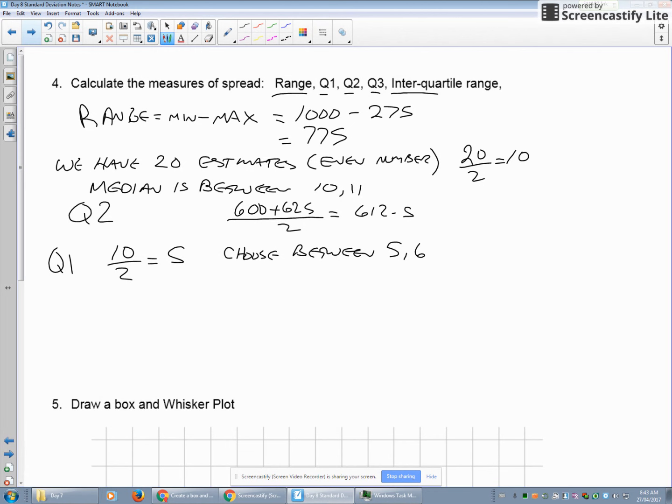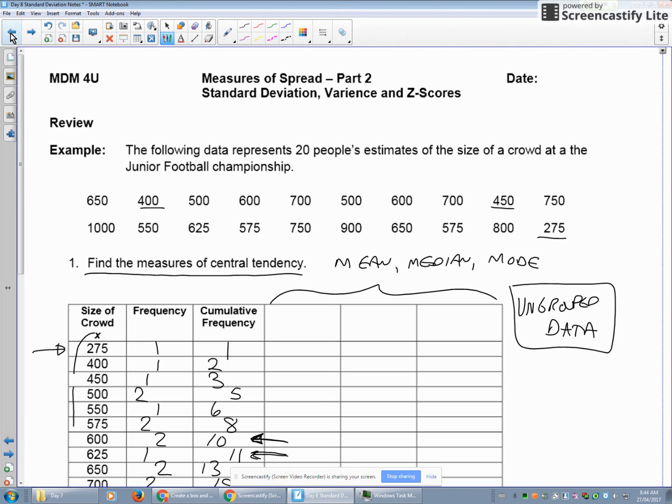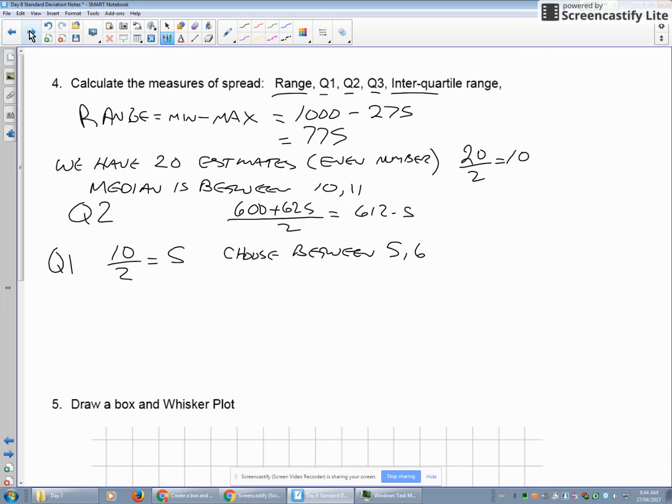Going back to my chart, the 5th estimate is here, which was 500, and the 6th estimate is 550. So I'm talking about 500 plus 550 over 2, which generates 525. If someone estimated 525 people at the game, that represents the first quartile of the data.